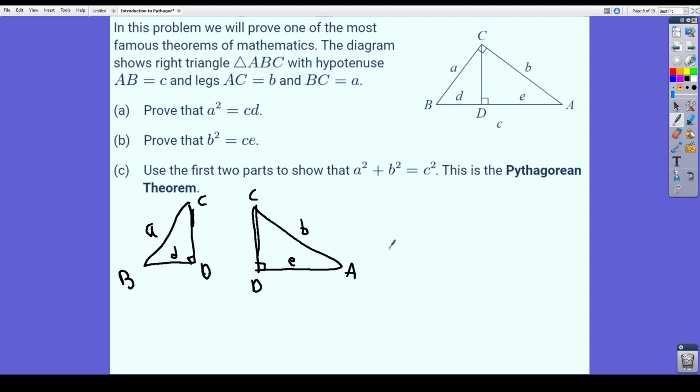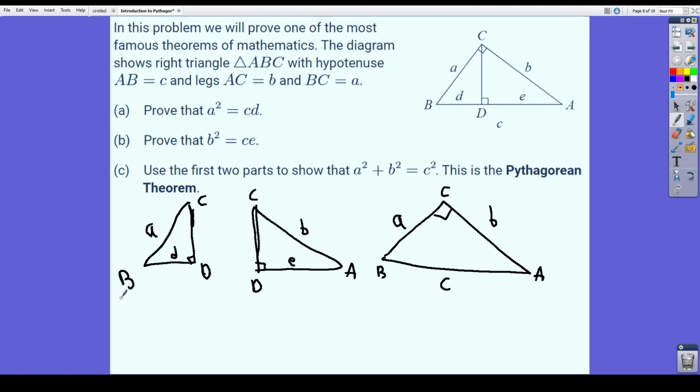And then finally we have our big triangle looking like that, with the right angle over here, CBA, with BA having a length of lowercase c, and CA has a length of lowercase b, and CB has a length of lowercase a.